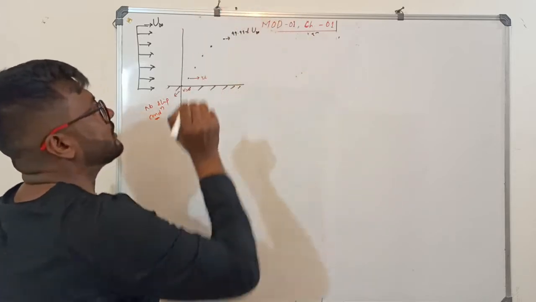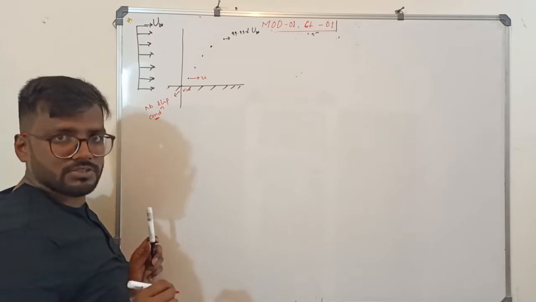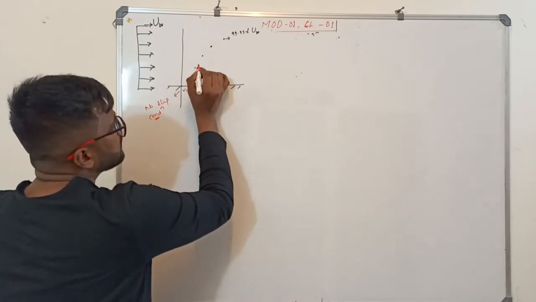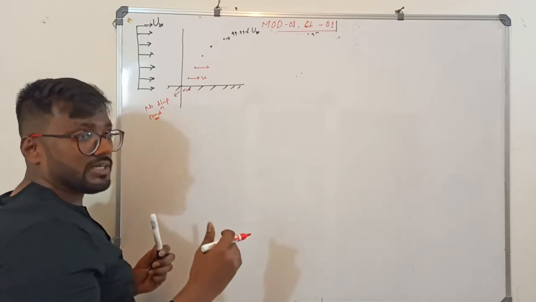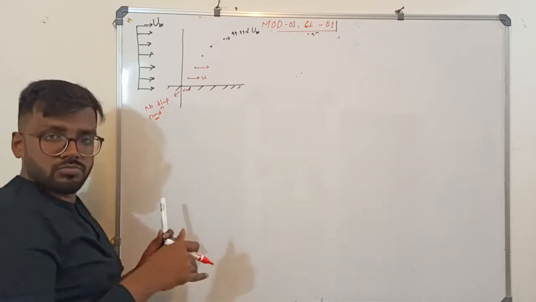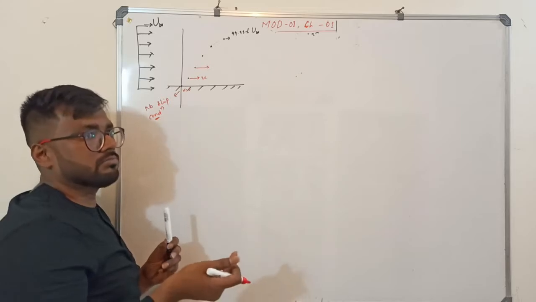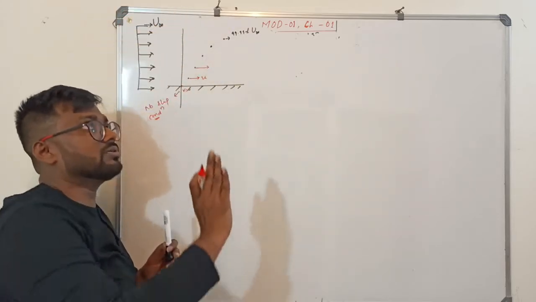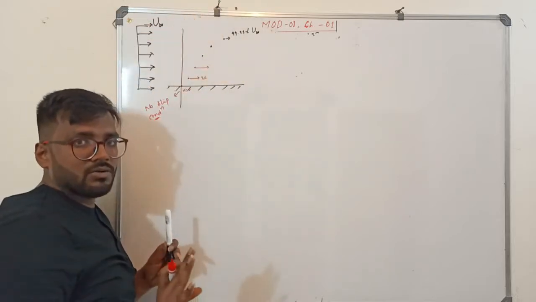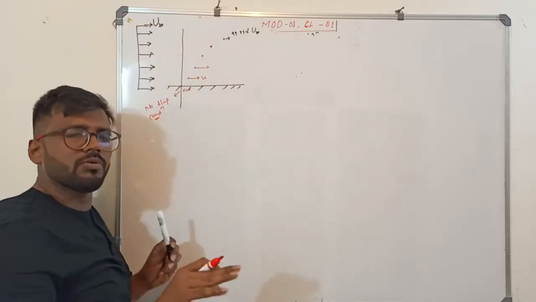The top portion is 99.99% of the free stream velocity, so this is u. Then what will be this velocity? You don't know, but you can definitely tell me greater than u or less than u. Sir, greater than u, because you told us as it comes down velocity decreases, hence when it goes up the velocity increases. Okay, fix this fundamental, no problem.